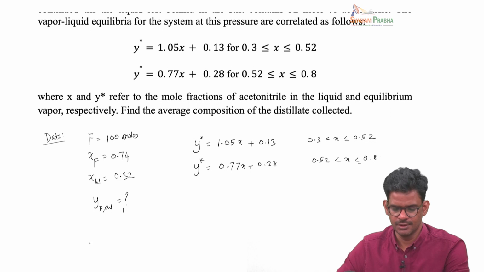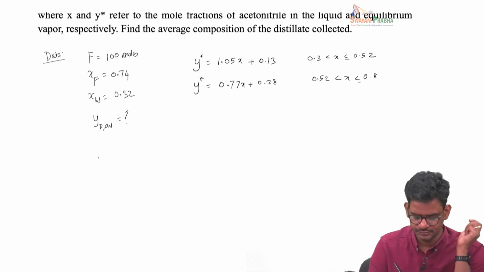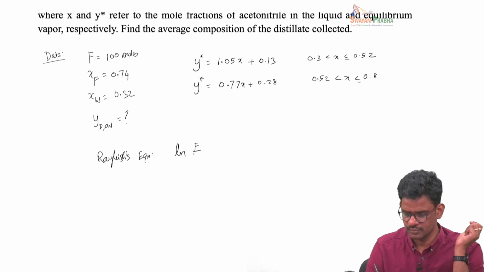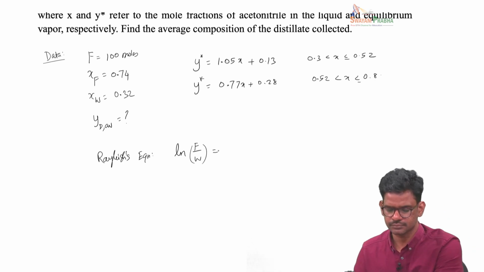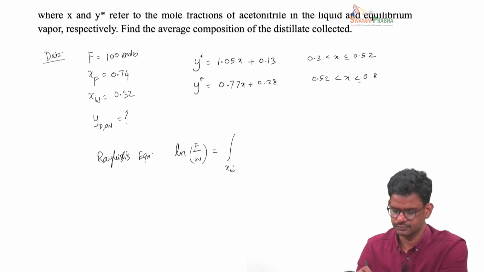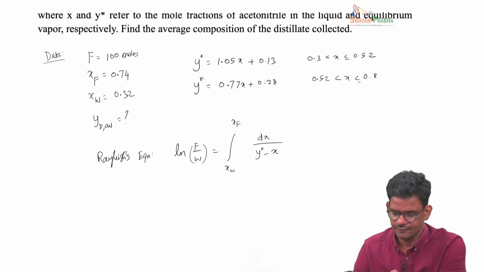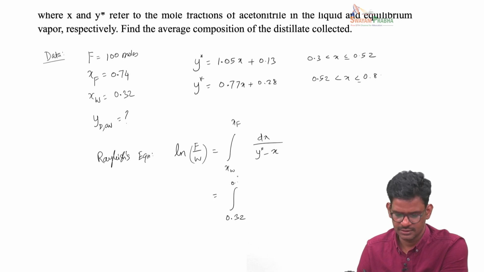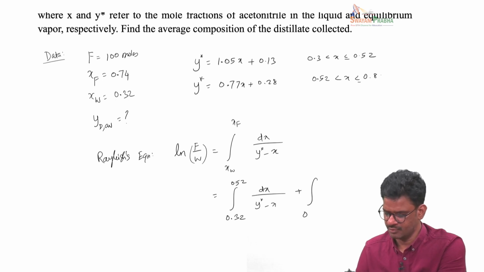So, the operation is batch distillation. So, we will start with Rayleigh's equation. So, here XW is 0.32 and XF is 0.74, but this can be decomposed into two limits, 0.32 to 0.52 and then from 0.52 to 0.74.